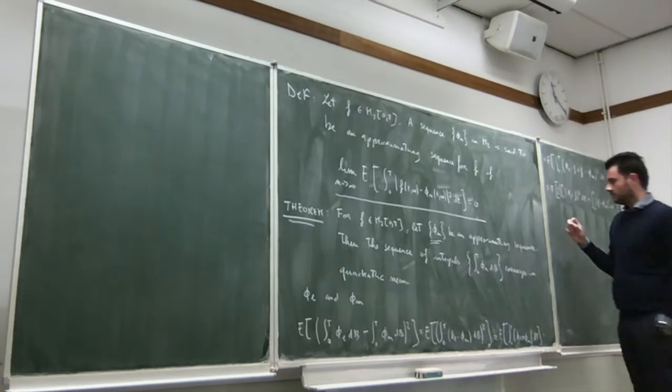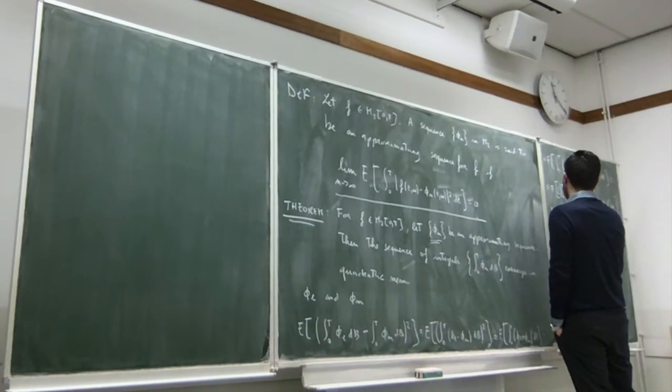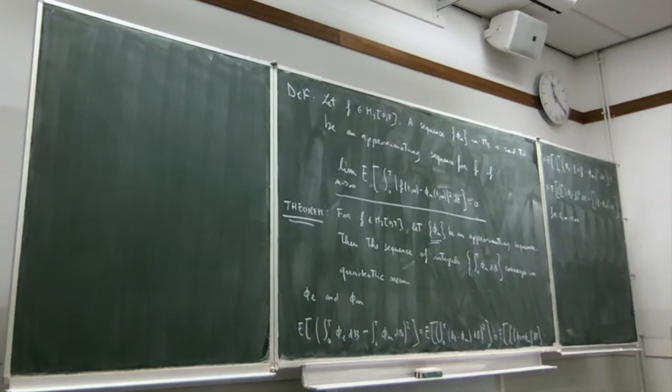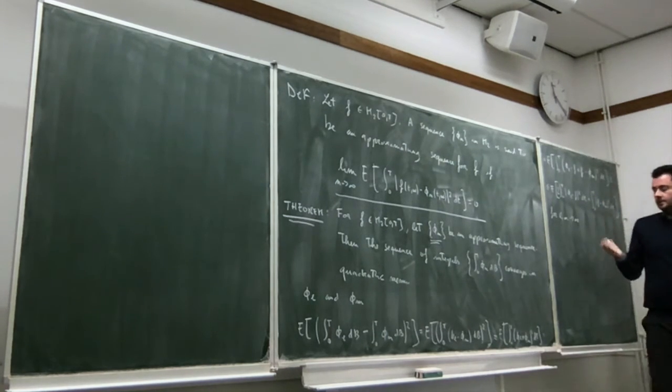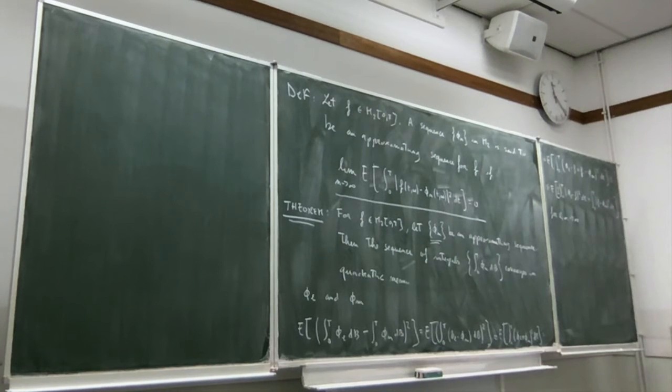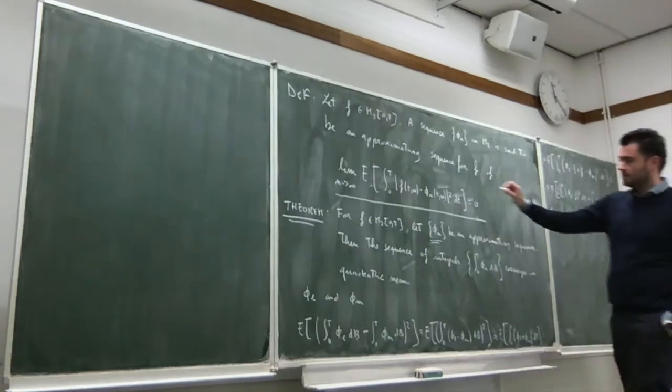But for L and M tending to infinity, what do I know? Now I have the expectation of this, ignore the two. So I can take the expectation inside, and that gives the sum of the expectations. But what do I know about phi L and phi M? They are simple processes, fine, but they are part of an approximating sequence, so they satisfy this.